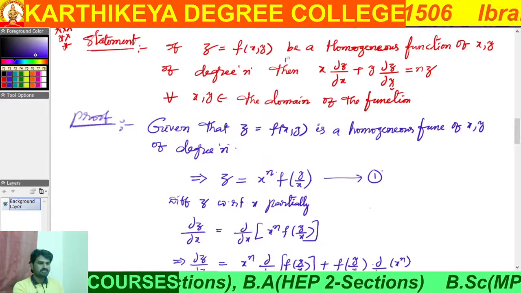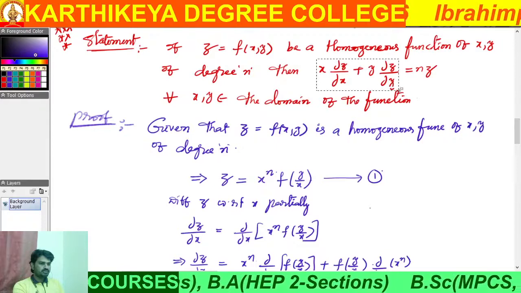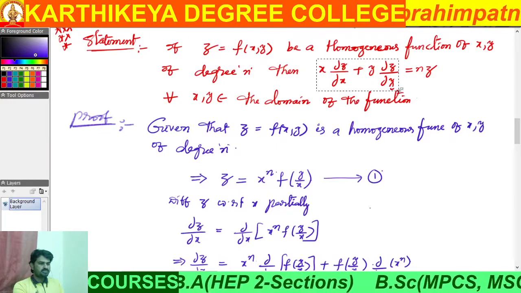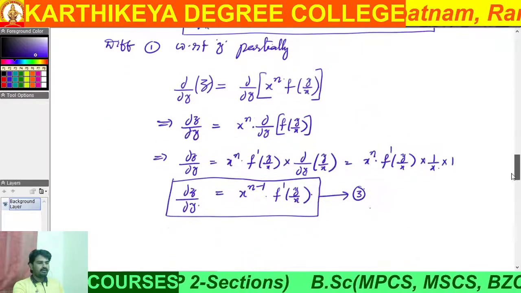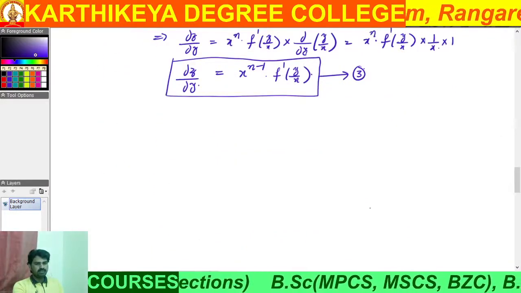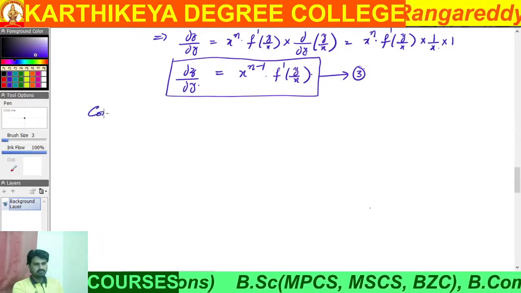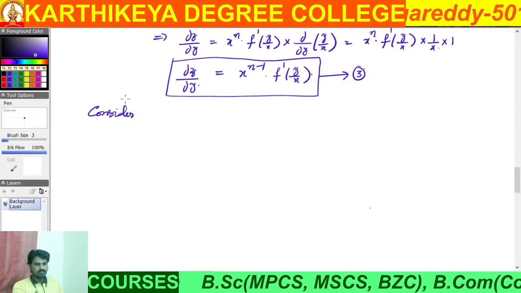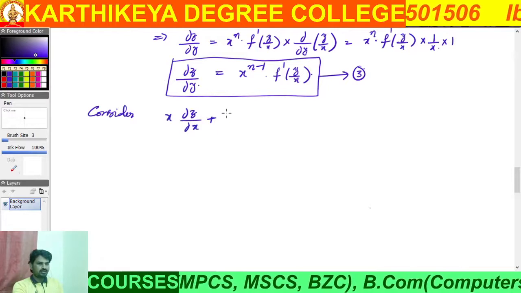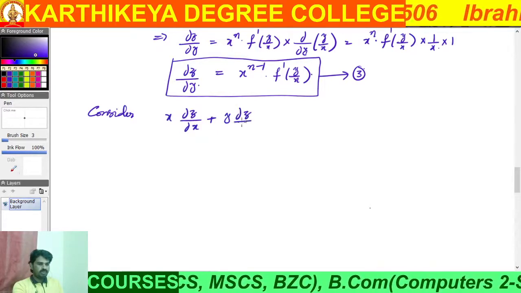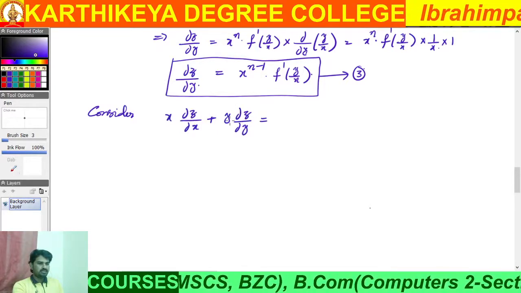This is the LHS value: x into dou z by dou x plus y into dou z by dou y.